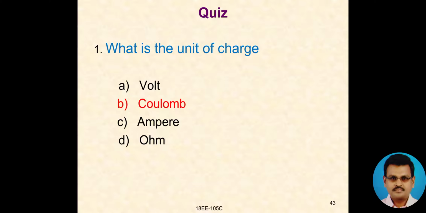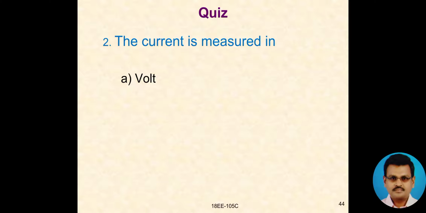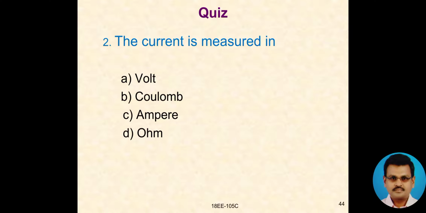Coulomb is the unit of charge. The current is measured in volt, coulomb, ampere, ohm. The right answer is ampere. The current is measured in ampere.